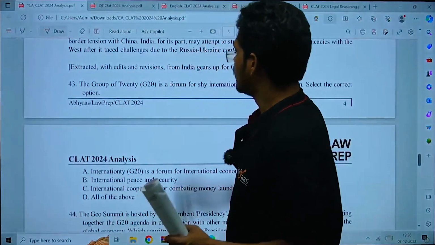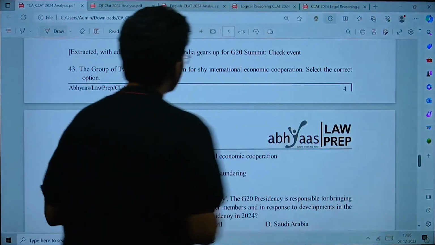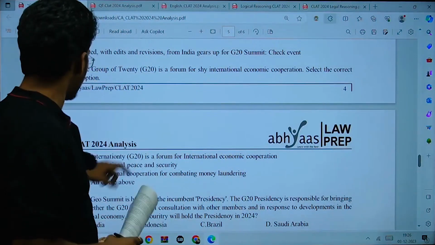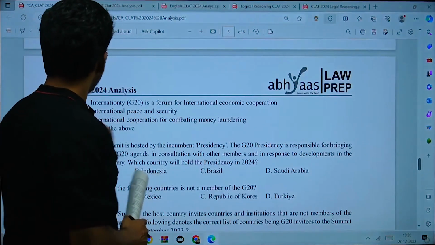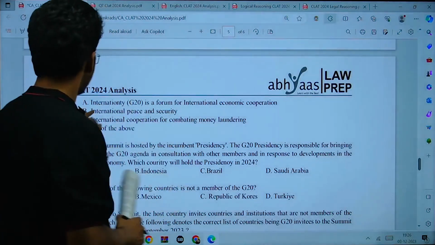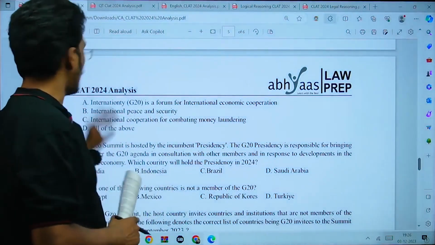Coming to the questions, 43. The G20 is a forum for international economic cooperation. Select the correct option. Option A: international economic cooperation, international peace and security, international cooperation for combating money laundering, all the above.